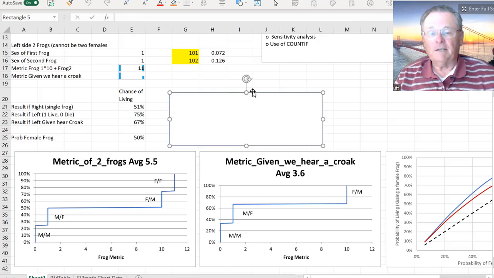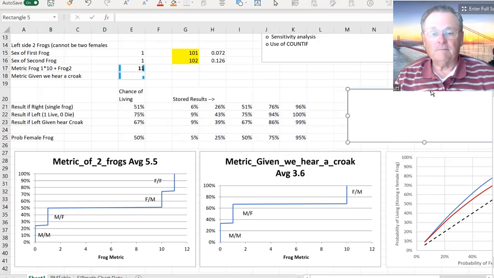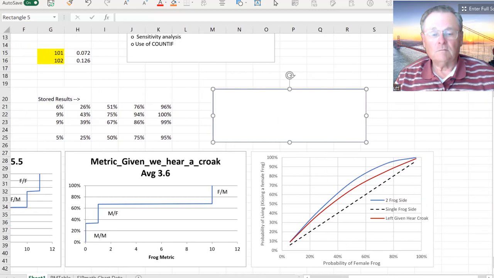Now something else I did is I wanted to look at the sensitivity of the probability of the male frog. What is interesting here? If I pick the right side with 1 frog, it's just a linear line. In other words, at 50%, there's a 50% chance that I have a female frog.